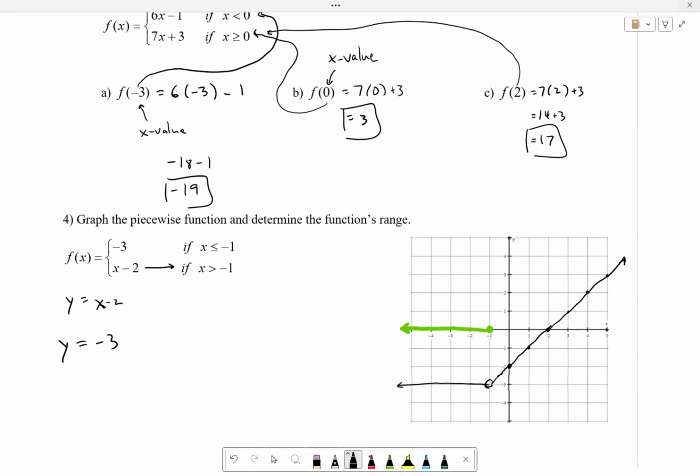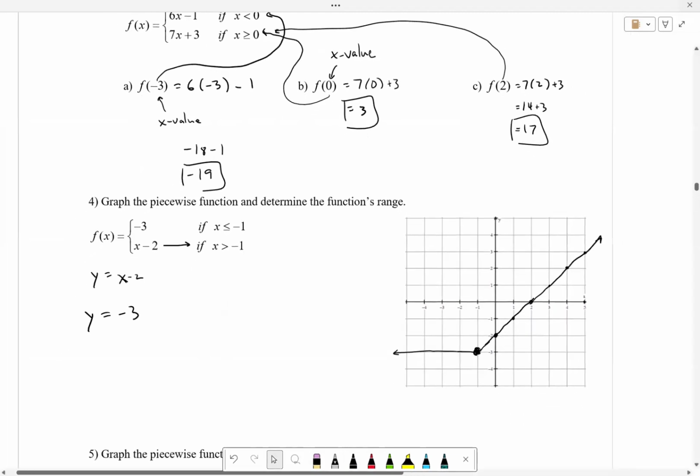It used to be an open circle, but I'm going to keep that from the first part of the piecewise function, right? Because x is less than or equal to negative 1. So I'm actually going to fill that in from, remember what kind of function that's called? From the constant function portion of this piecewise function. There we go.